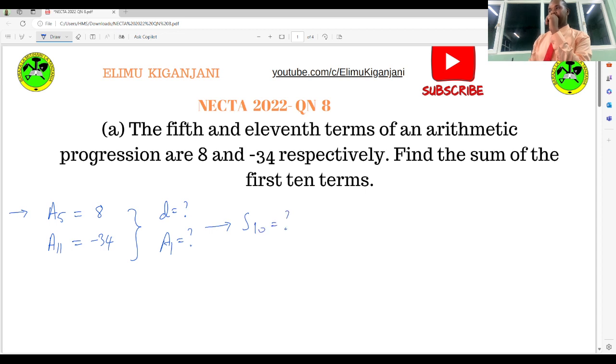From the nth term of an arithmetic progression, an equals a1 plus n minus 1 multiplied by the common difference d.